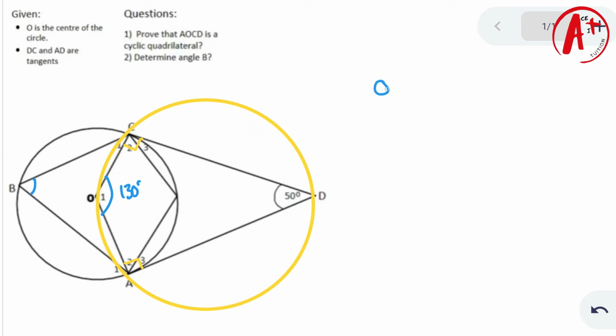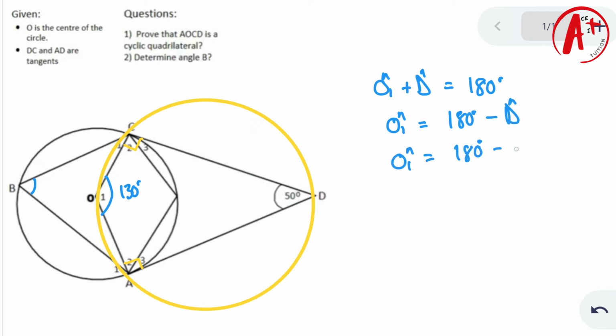Why? Because angle O1 plus angle D has to equal 180 degrees. Therefore, angle O1 is equal to 180 degrees minus D. And our reason would be opposite angles of a cyclic quad.